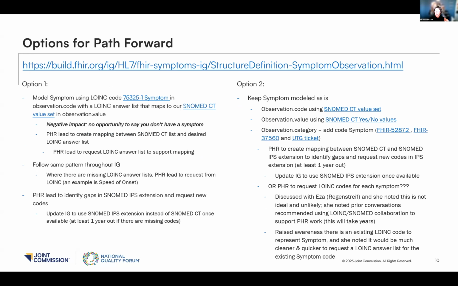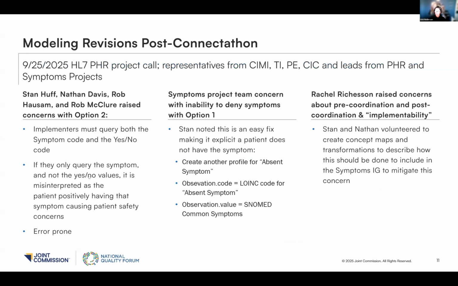Option one was to model the symptom using a LOINC code called symptom and then have a SNOMED value set with the common set of symptoms, or keep what we had. There's also some information on here that's historical about what the personal health record group, that's also trying to implement symptoms, was doing. But we gave some options for the path forward and regrouped with a good set of folks the following week after the Connectathon.